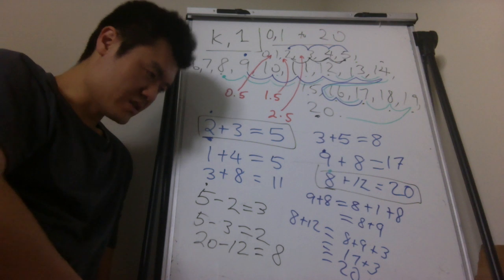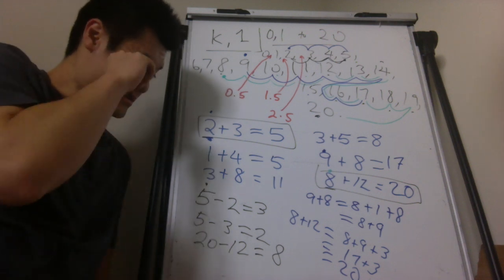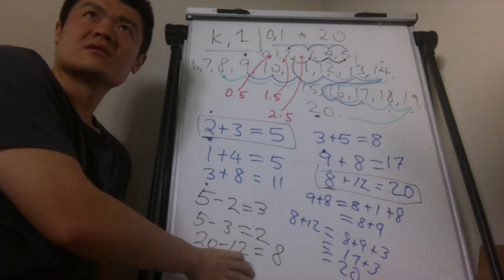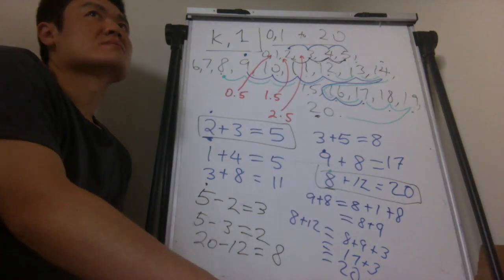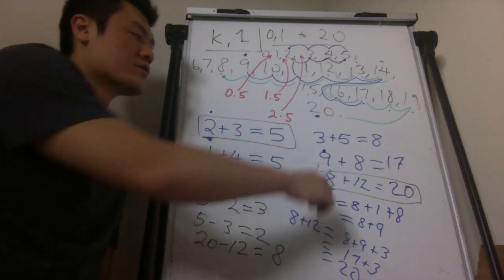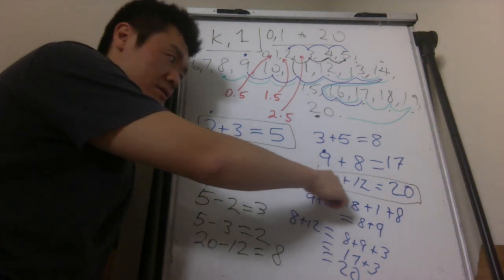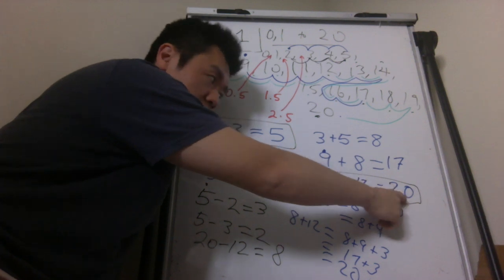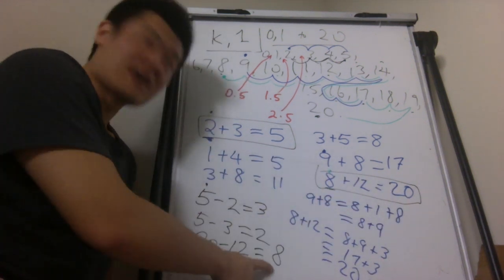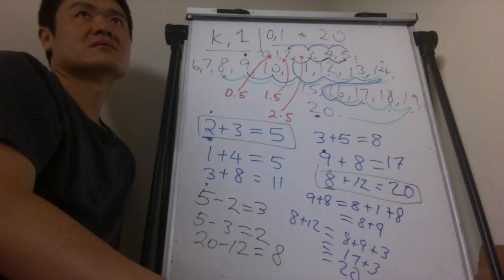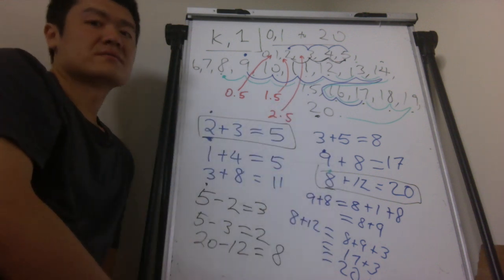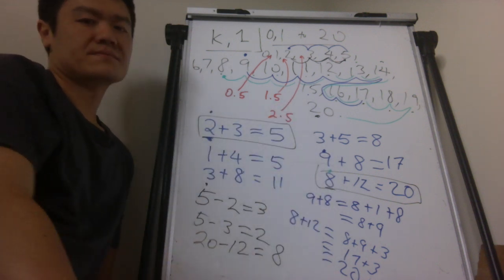This is about the limit of your understanding. If you can kind of understand a little bit of what I said. So if 8 plus 12 is 20, then 20 minus 12 is 8. So actually, it happens with all of these things. Okay? So answer this question.